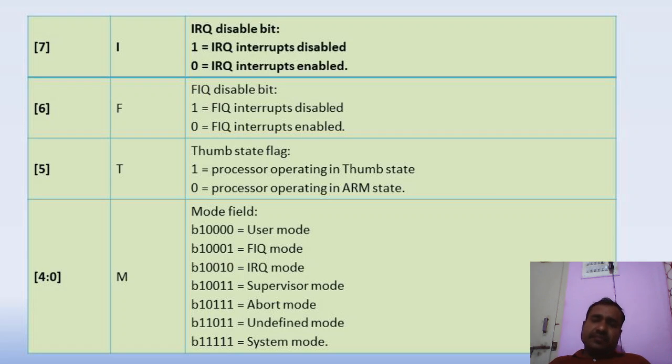There are altogether 7 processing modes: user mode, FIQ mode, IRQ mode, supervisory mode, abort mode, undefined mode, and system mode. The processor enters into these modes whenever a particular condition prevails.